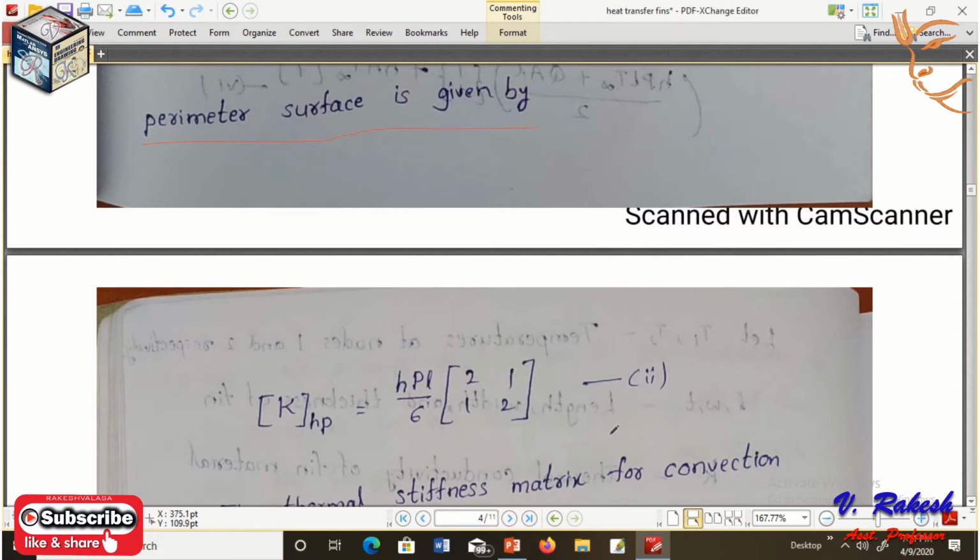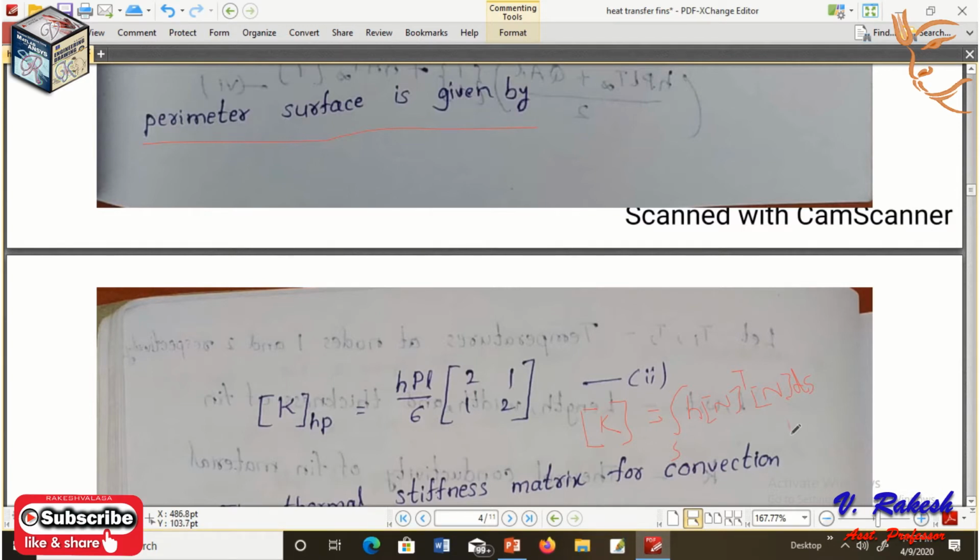This is derived from the convection part of the stiffness matrix, that is K equal to integral over S of h N transpose N ds.